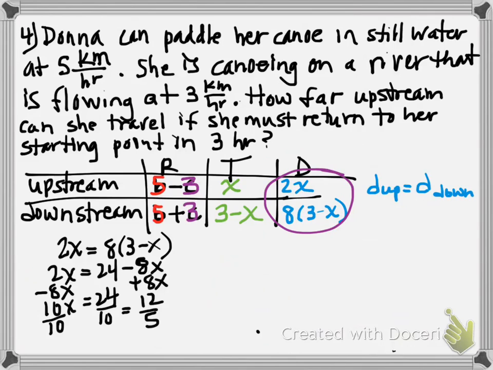And then I'm going to divide, let's see, did I do that right? Yeah. So what I end up with is 5 goes into 12 twice, which is 10, and there's 2/5 left over. So again, how far upstream can she travel if she must return to her starting point in 3 hours?